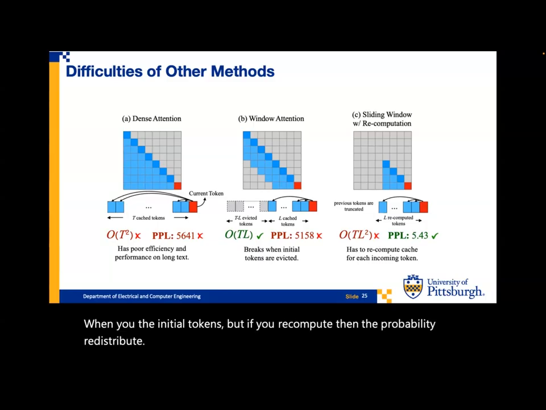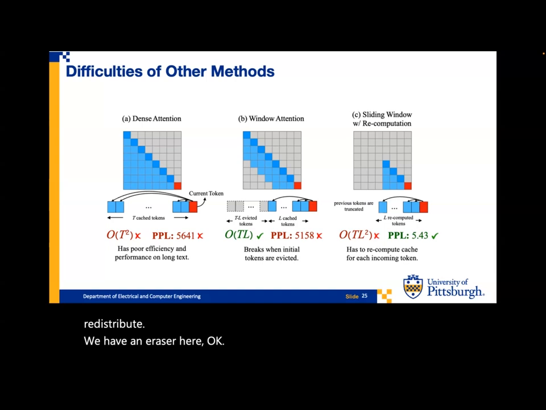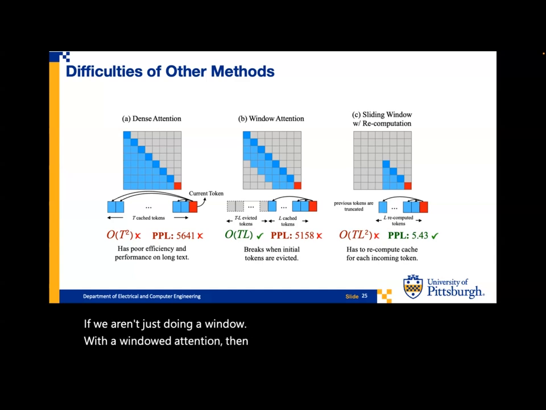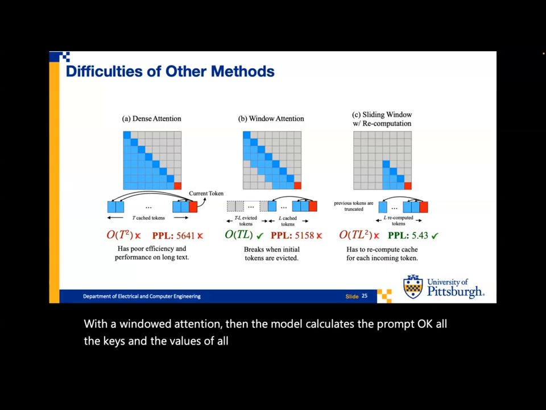So let me get an eraser here. Basically, if you are chatting with a chatbot, this is your conversation. When we are just doing windowed attention, the model calculates the prompt, all the keys and the values of all those tokens, and also its own answer.